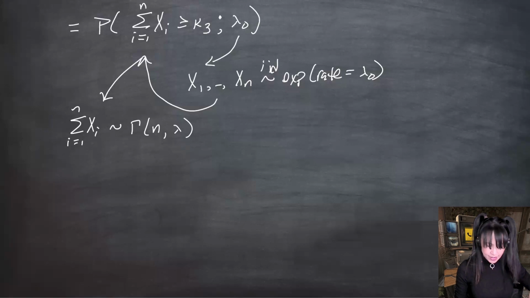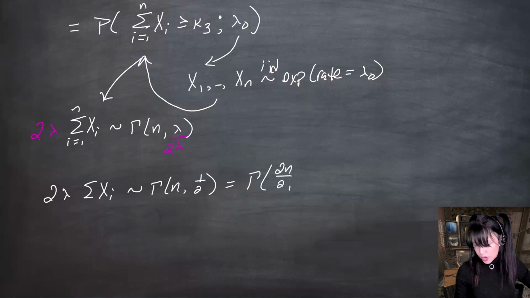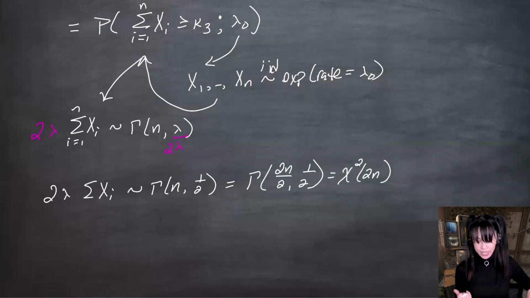And we know that if you multiply by a lambda, it would end up divided here. To get a 1/2, we need to multiply by 2 lambda. And so we've got that 2 lambda times the sum of the x's has a gamma n, 1/2 distribution, which is gamma 2n over 2, 1/2, which is a chi-squared distribution with degrees of freedom 2n.